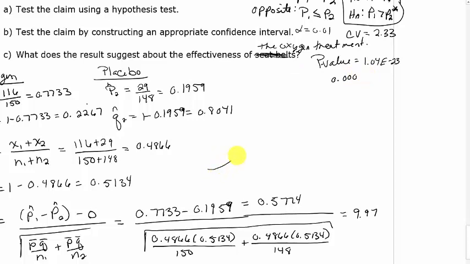Now we can create our graph. If we're going to do this using critical values, you want to put the critical value on your graph. Our critical value here is 2.33. And then our test statistic is 9.97, and since our test statistic is in the tail, we're going to reject the null.